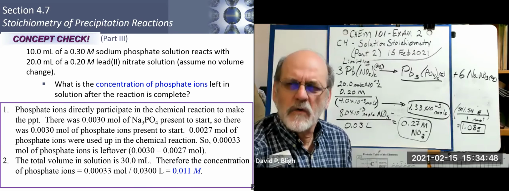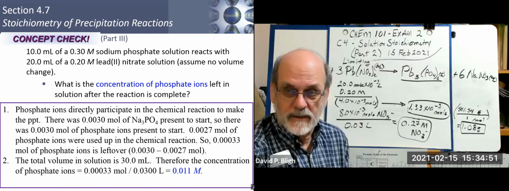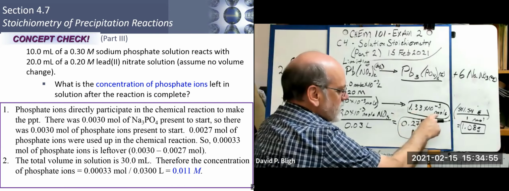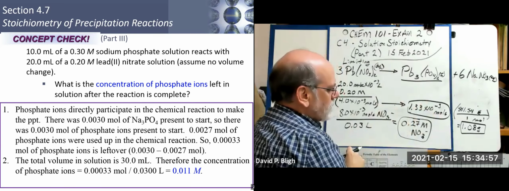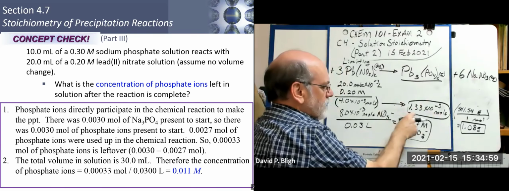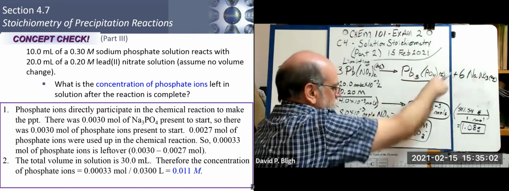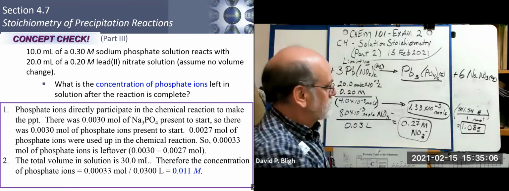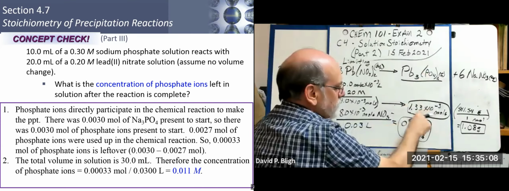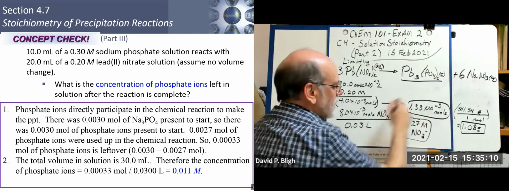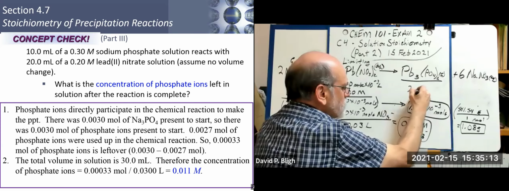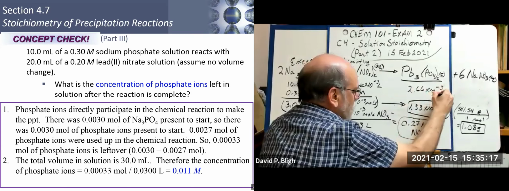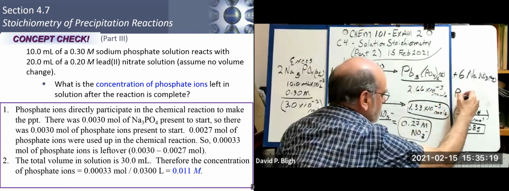So how do we tell what's left over? Well, how much did we use up? If we have this many moles of that solution, of that total solution, how many moles of phosphate is that? Well, it's 2 moles of phosphate for every mole of compound. So we actually used up 2.66 times 10 to the minus third moles of phosphate.